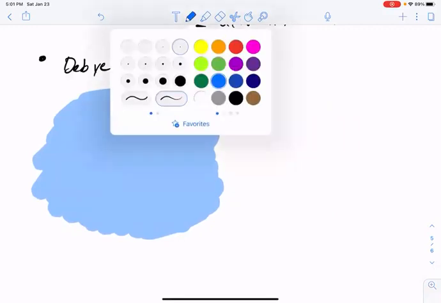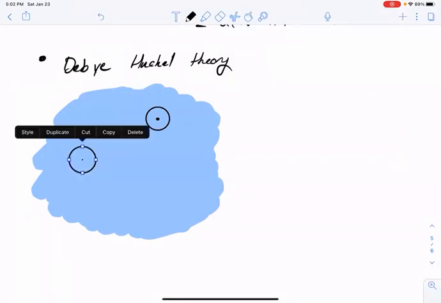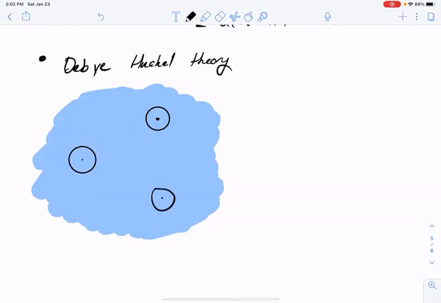And in that solution, there are ions. Say one there, one here, and one there. And let's imagine that it is somewhat dilute, so they don't get really close to each other often.